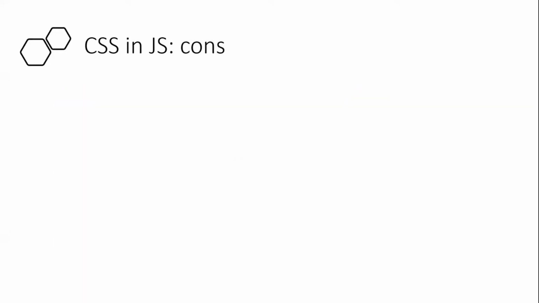Yeah, sure. There are some trade-offs, and the first and maybe the most common and most popular drawback is runtime cost. Simply because CSS-in-JS libraries use a bit different way of applying styles to a page.